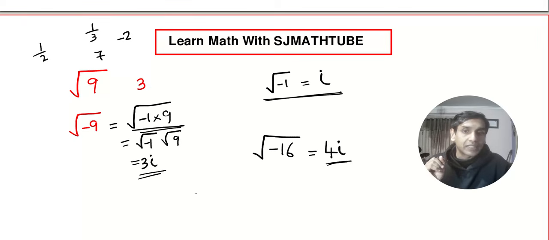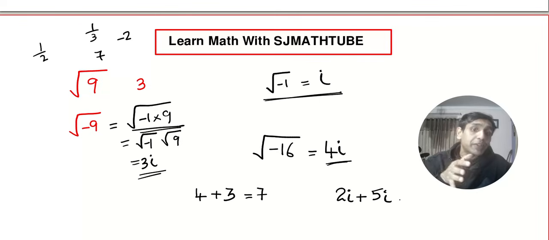Now look at this. I am able to add a real number with another real number. For example, if I add 4 and 3, I get 7. Similarly, I will be able to add imaginary numbers with imaginary numbers. For example, 2i plus 5i, like 2 apples plus 5 apples gives me 7 apples.